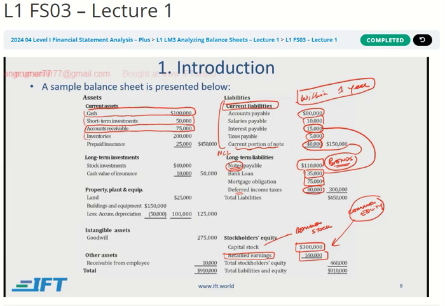Of course, every company is going to have certain inventory if they are in the business of manufacturing or trading. And there are some things called prepaid assets, or you can call them prepaid expenses. Now, these are expenses, but they're showing as assets because they haven't been utilized as yet, and they will result in a future economic benefit. Such as prepaid rent.